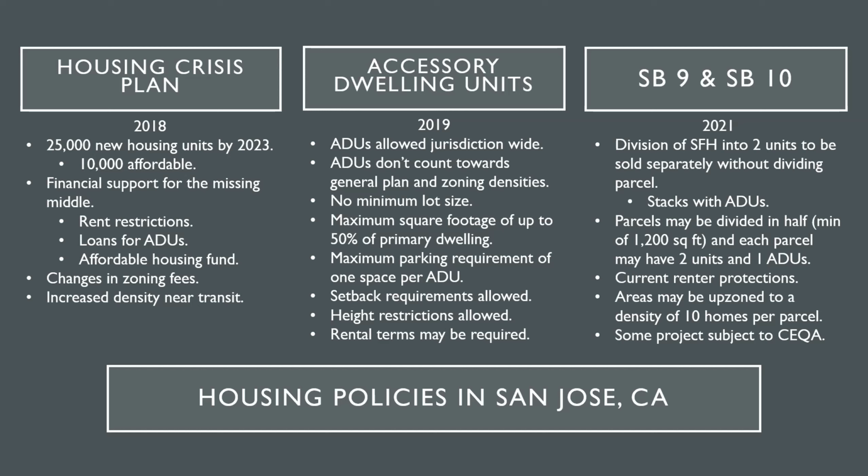Both these types of development are subject to various renter protections, which limit the status of many single family homes. SB 10 allows for single family zoned parcels in certain areas to be upzoned to up to 10 units per parcel. Lastly, for both bills, the development must conform to various rules concerning the California Environmental Quality Act.